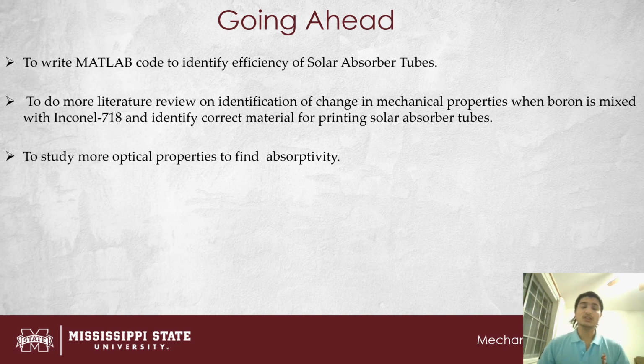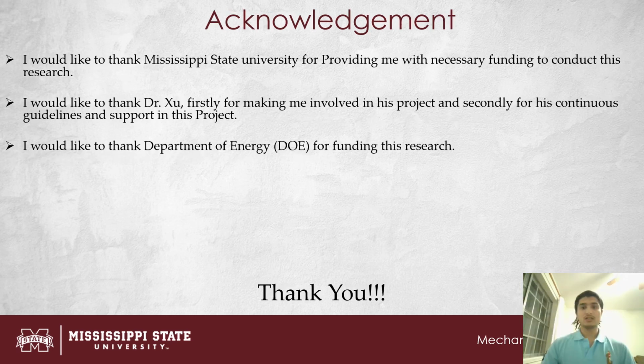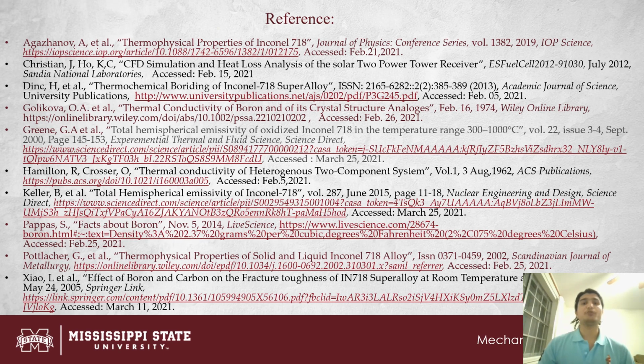And I will also be studying more optical properties of Inconel 718 and boron to find absorptivity and to enhance the performance of solar absorber tubes. I have my references over here.